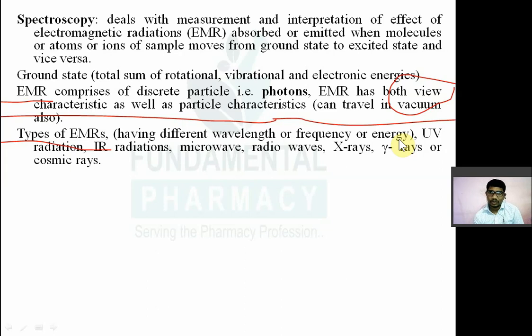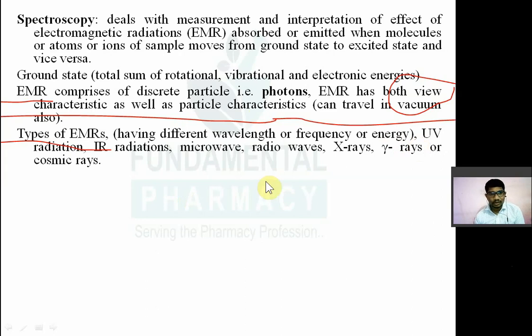Radio frequency अलग रहेगा, आपका infrared radiation का energy अलग रहेगा. So every radiation will have different energy. Some of them will have higher energy, some of them will have lower energy.